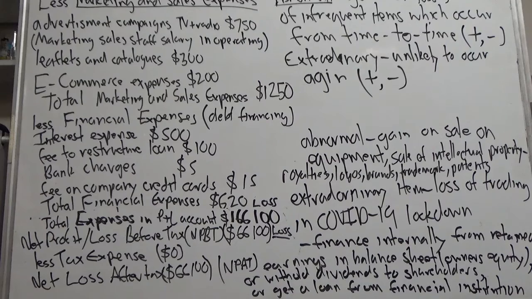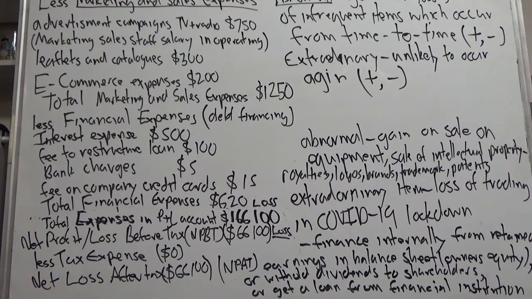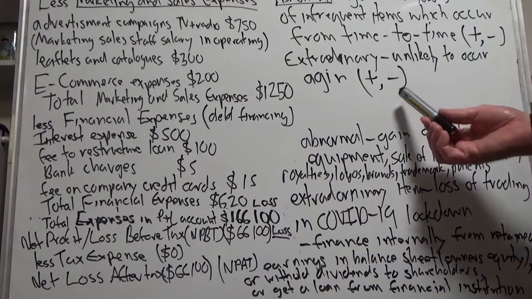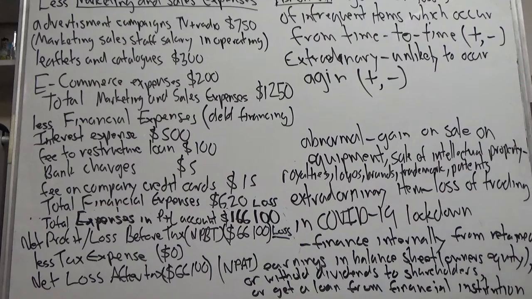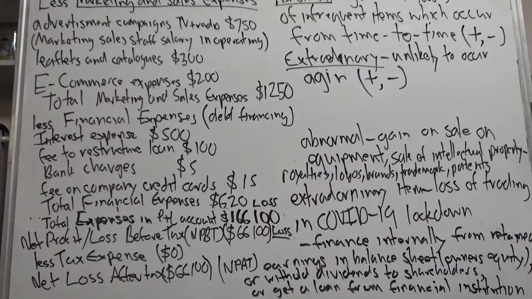So if it's a statement of financial performance, you'll see items below this, abnormal items, which can be positive or negative, and abnormal items are defined as infrequent items which occur from time to time. And then you've also got extraordinary items which are unlikely to occur again, such as a COVID pandemic.